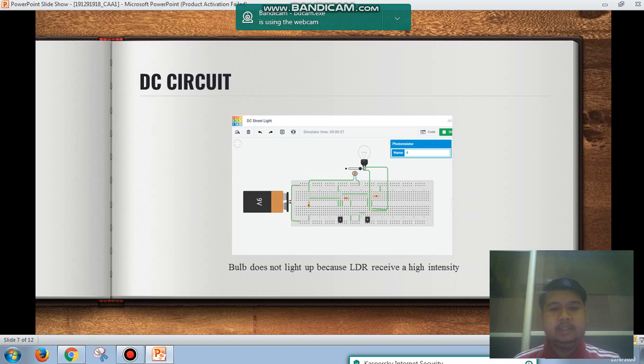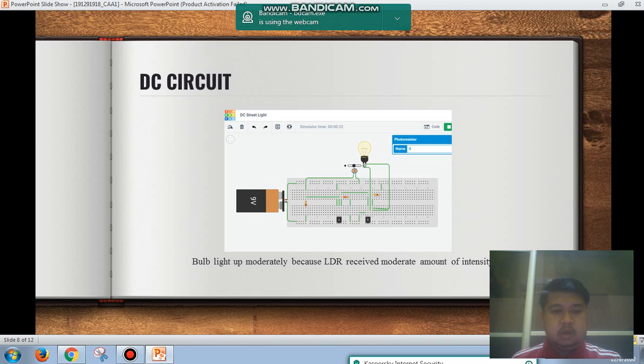Okay, this is the DC circuit. The bulb does not light up because the LDR receives high intensity. At the LDR in the circuit, we move from left to right, so the bulb does not light.